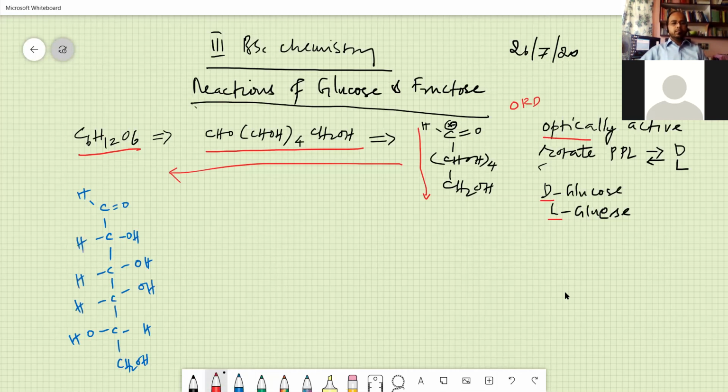So I'm going to count: first carbon, second carbon, third carbon, fourth carbon, and so on. You can count the 6 carbon atoms there, then 12 hydrogen atoms, and then 6 oxygen atoms: 1, 2, 3, 4, 5, 6.